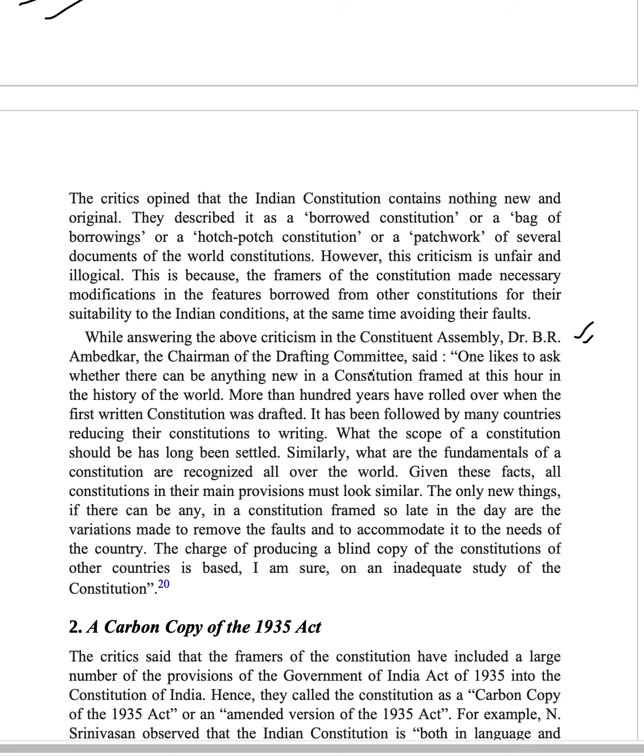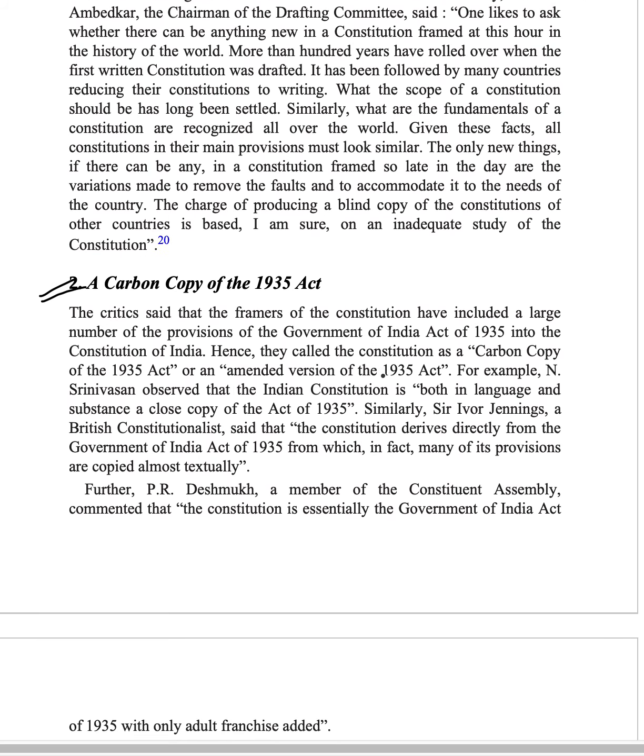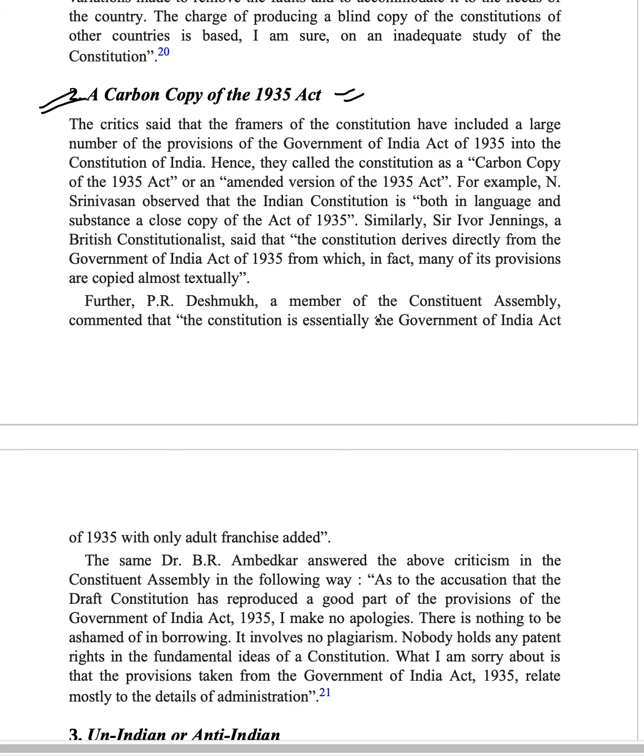So it's not like we have just borrowed it blindly. Then the criticism that it is a carbon copy of the 1935 Act is also not true, because so many changes were made. Although so many provisions were taken from the 1935 Act, because anyway we implemented that Act at the provincial levels, still it's not a carbon copy.